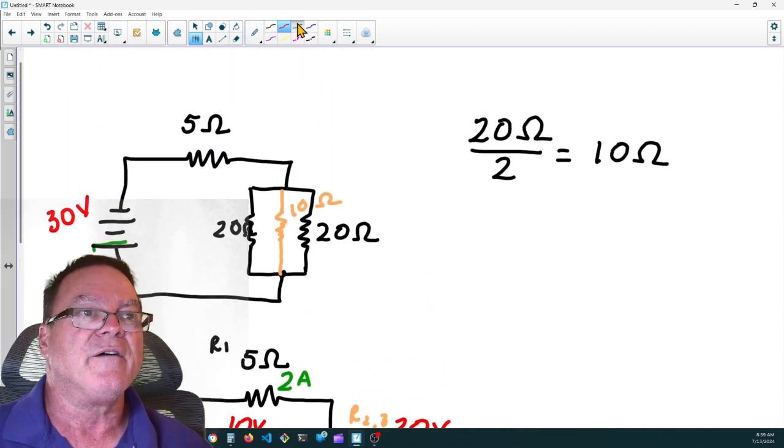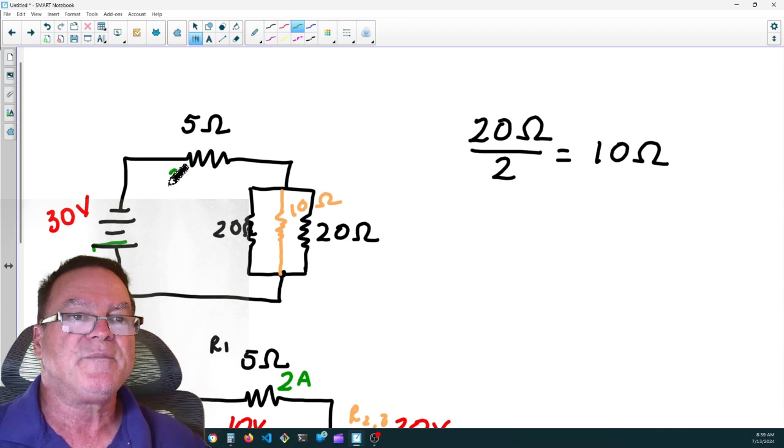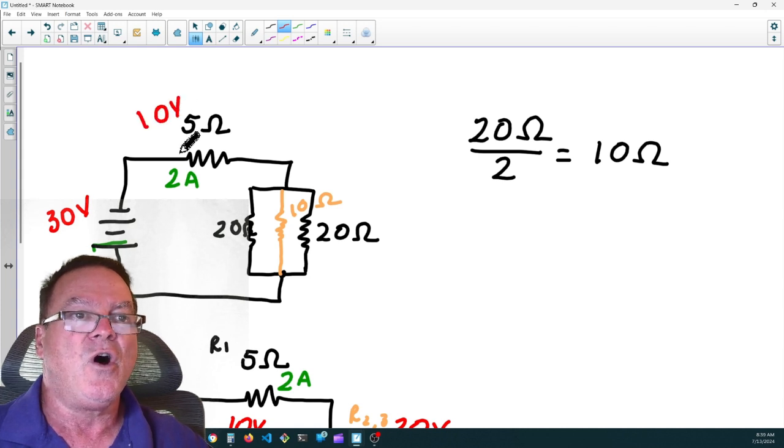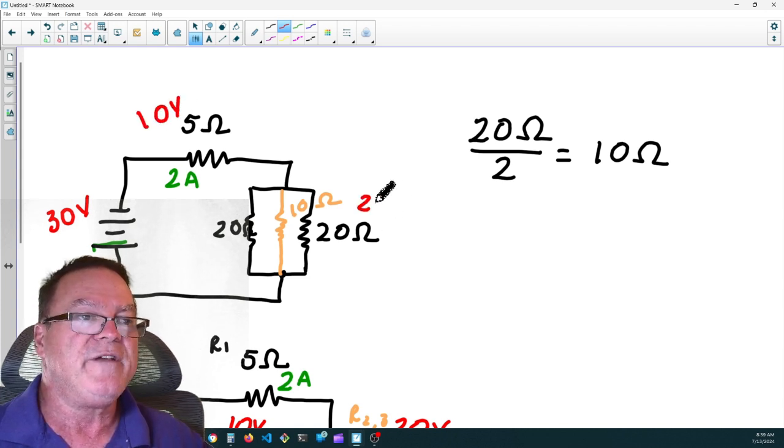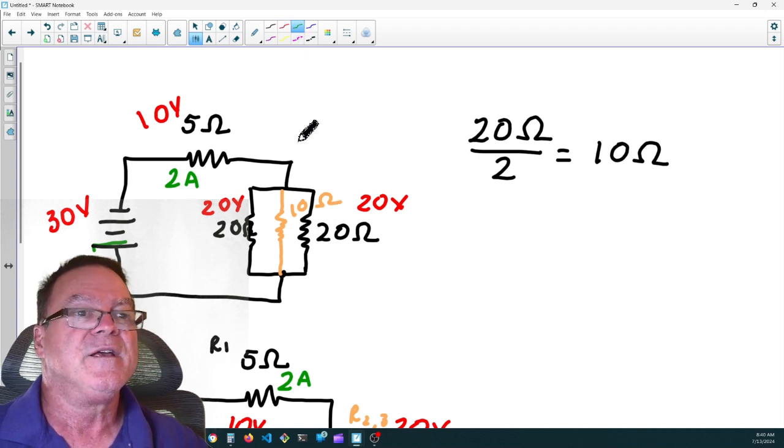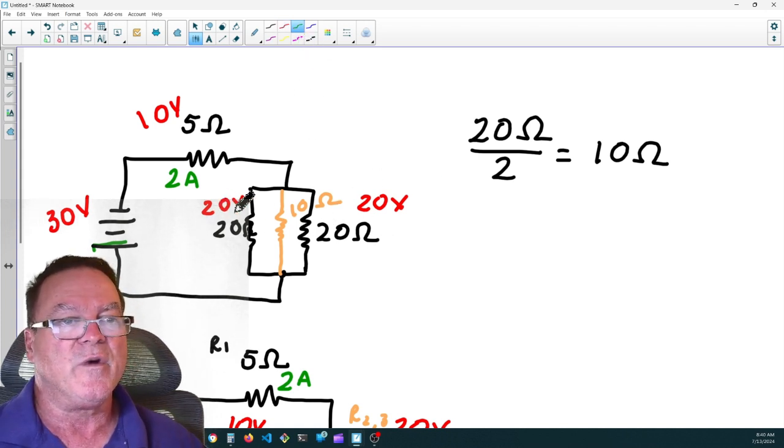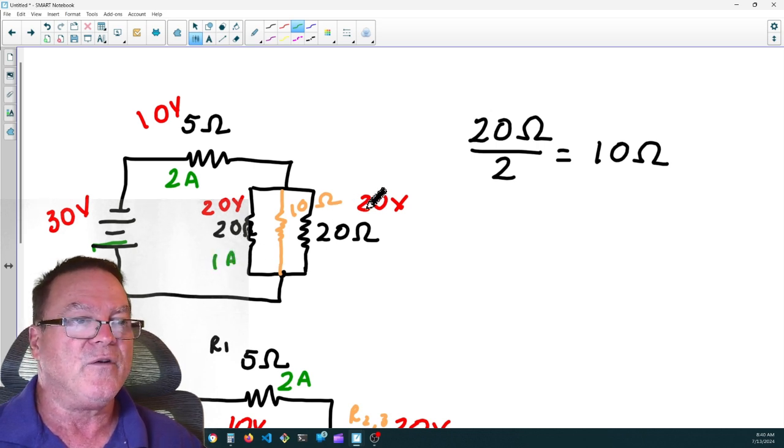we'll know that we have 2 amps flowing through R1, and we had 10 volts dropped across R1. We have 20 volts dropped across R2, and 20 volts dropped across R3. So here, to find the current, 20 volts divided by 20 ohms equals 1 amp. And over here, 20 volts divided by 20 ohms equals 1 amp.